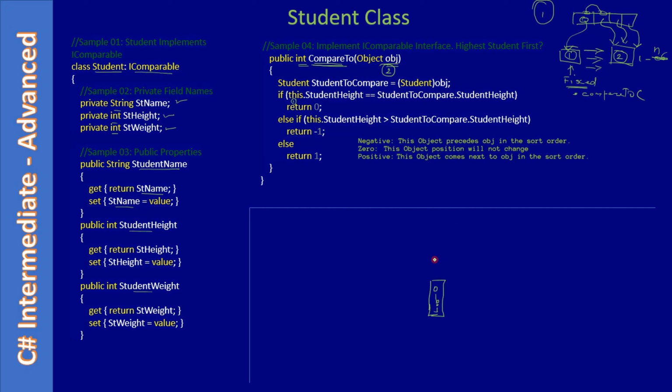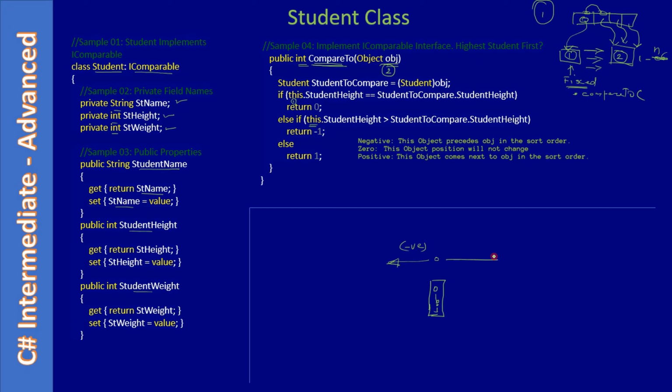Now let's take this in relation to this obj. If it is 0, nothing happens, but when we return negative, this object precedes obj. Obj is what we are comparing. Precedes in the sense that in the array list it will come before obj when we return negative.